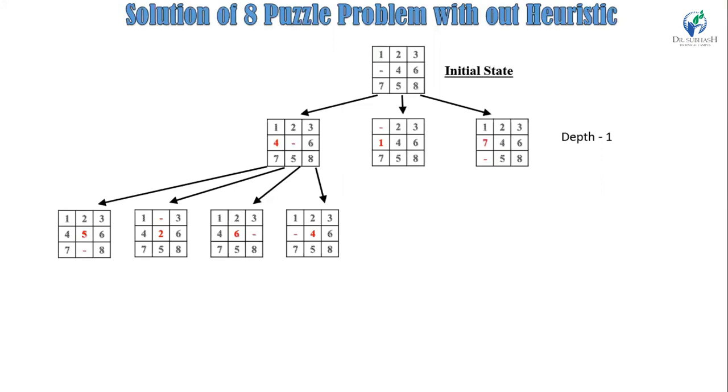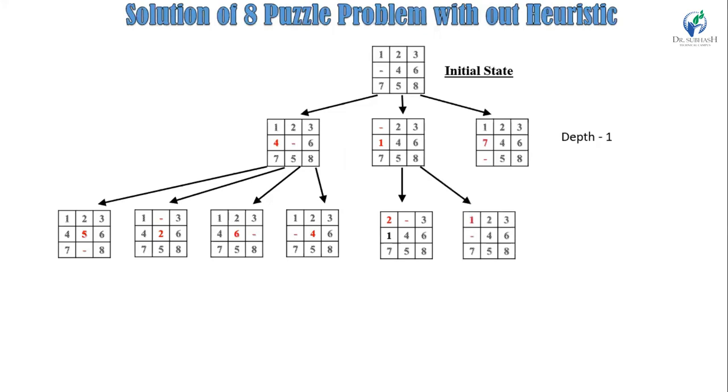Now we further expand the upside move. It has two legal moves. First is right side, so we replace 2 and the empty space. Second is downside, so we replace 1 and the empty space.